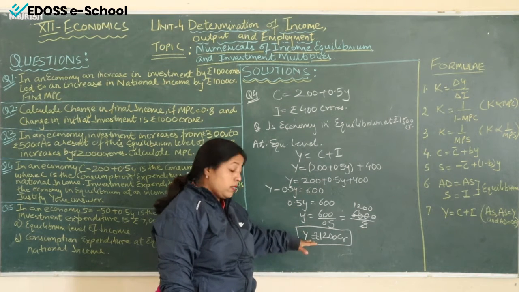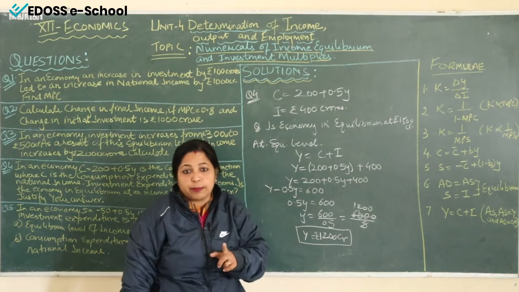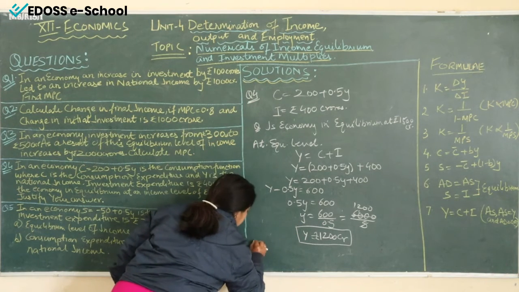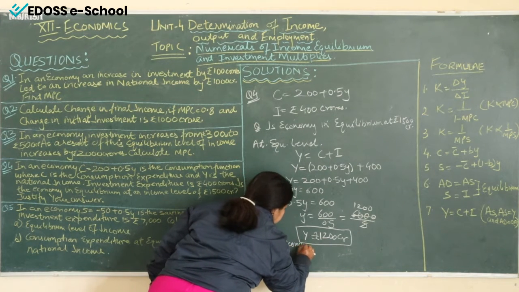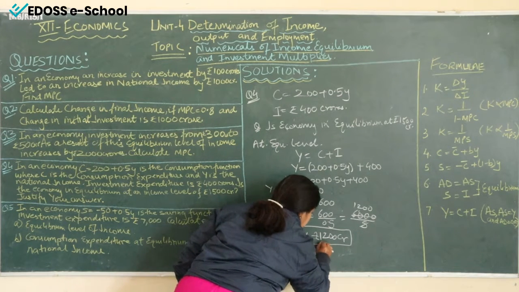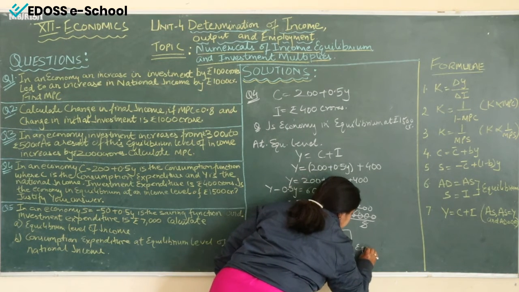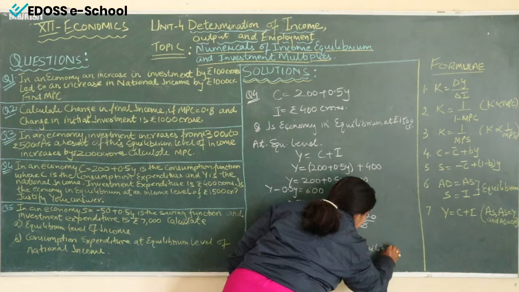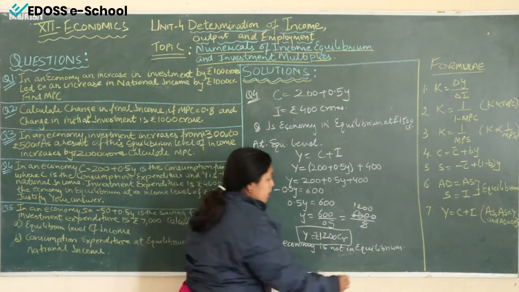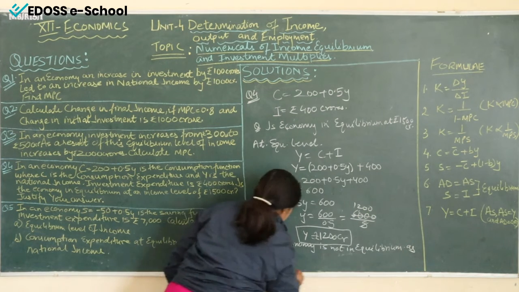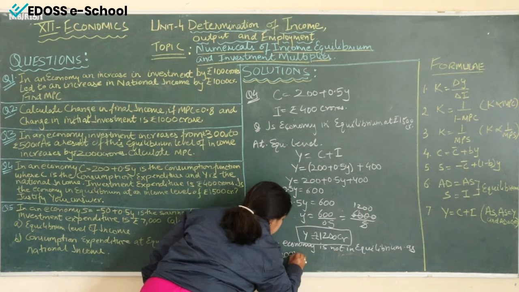So is the answer 1500? No. So our economy is not in equilibrium, as y is equal to rupees 1200 crores.